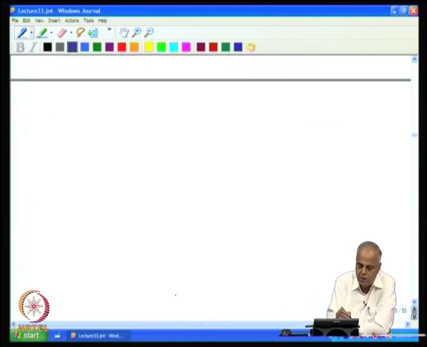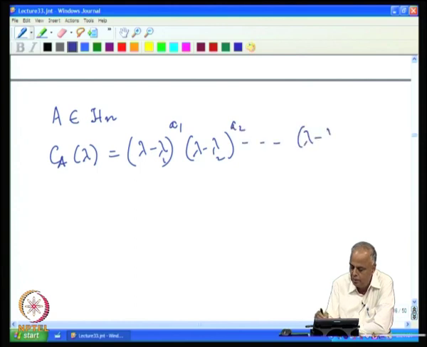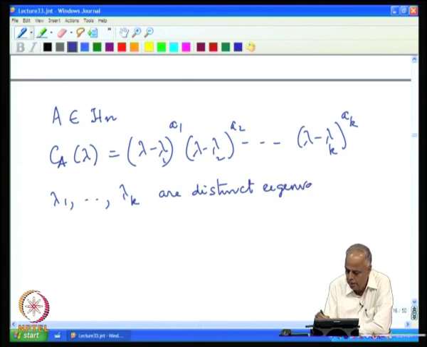Now, let us see what this means. Let us look at a Hermitian matrix H of order n and let us say its characteristic polynomial is (lambda minus lambda 1) power a1, (lambda minus lambda 2) power a2, up to (lambda minus lambda k) power ak, where lambda 1, ..., lambda k are the distinct eigenvalues and a1, a2, ..., ak are their algebraic multiplicities.